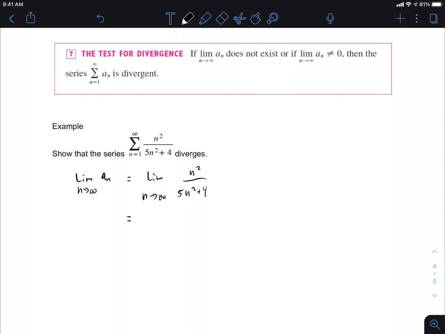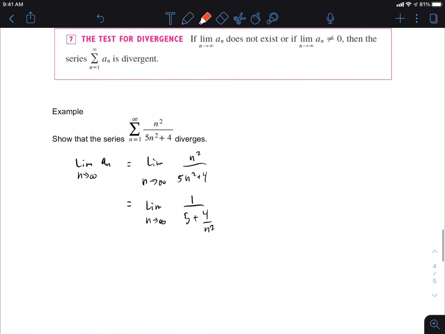That's our sequence. If I divide everything by n squared, wouldn't I get 1 over 5 plus 4 over n squared? We know that this piece as I go to infinity is going to go to 0. So I'm going to get 1 over 5 plus 0, or 1/5.